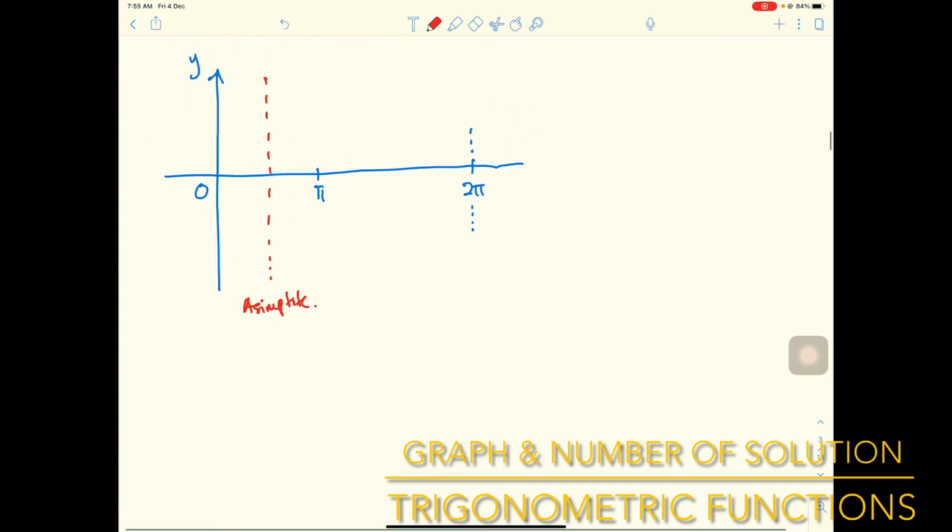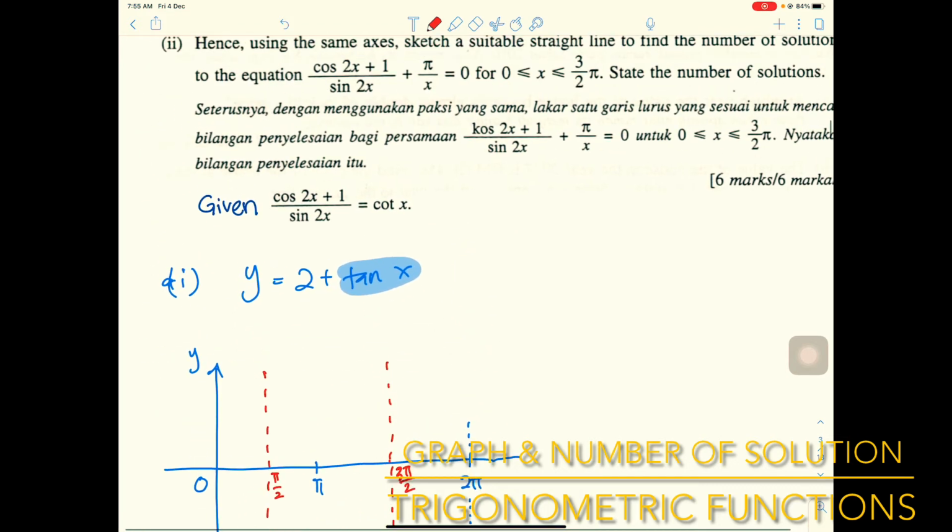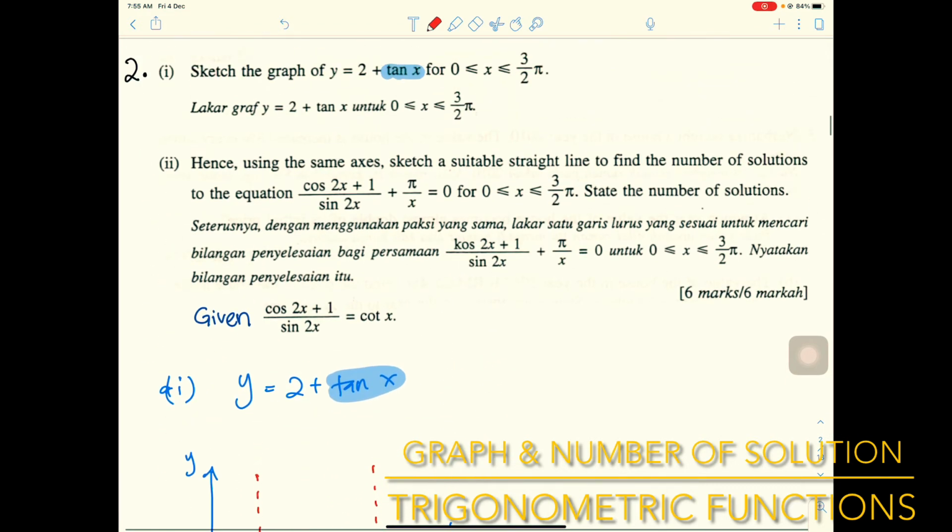Any line, straight or curved, of tangent cannot pass through the asymptote. Between pi and 2 pi there is also an asymptote. This is the line pi over 2, and this is the line 3 pi over 2.